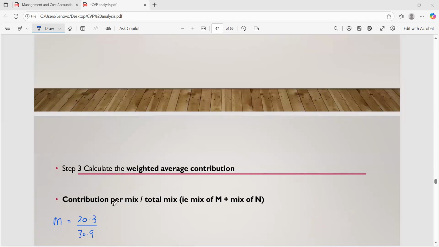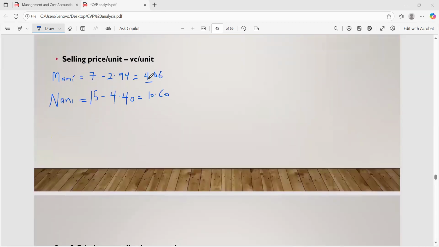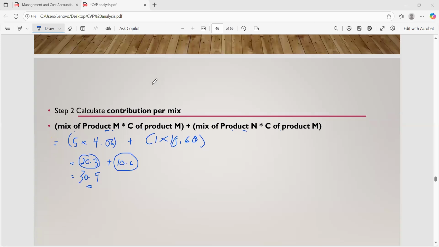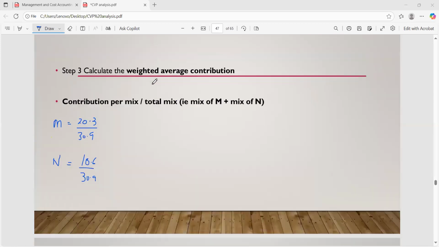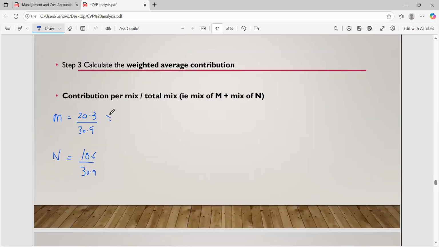So contribution per mix divided by the total. This is what you have here.